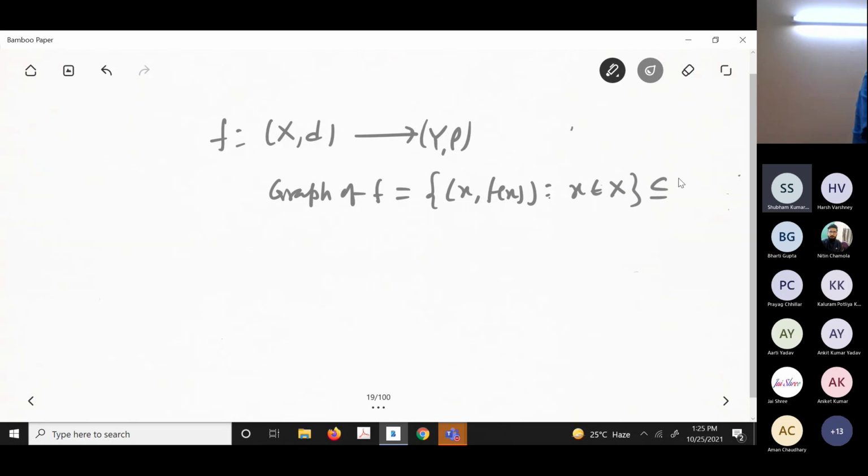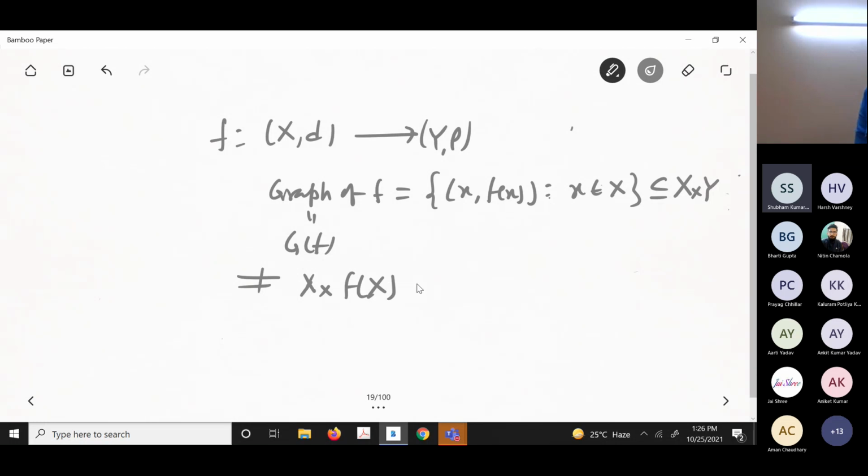Look, this is a subset of X cross Y. Some students get confused. The graph of F, sometimes you write also G_F, is not equal to X cross F(X).